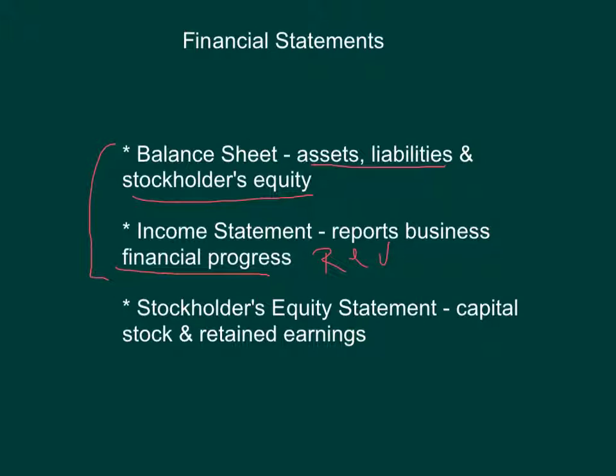The income statement will be expanded in this chapter to include cost of sales, the products that we're selling. The new financial statement we will be learning in this chapter is the statement of stockholders' equity, and this will cover capital stock and retained earnings, which is previously earnings from your income statement.